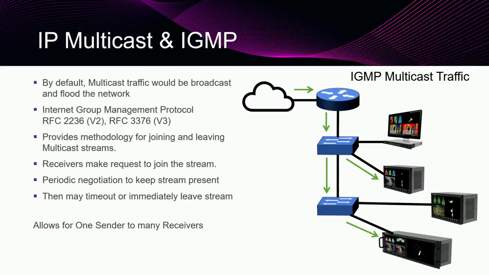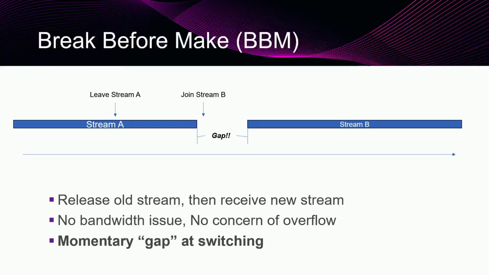So in general, this system allows us to get one sender to many receivers. And for endpoint equipment receiving the streams, there are essentially two ways to switch the streams. One is break before make, BBM, and another one is make before break, MBB. So let me discuss the first one, BBM, first.